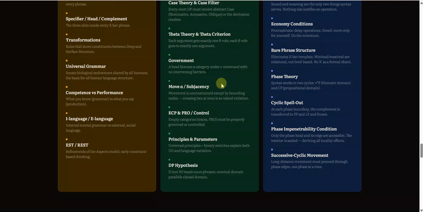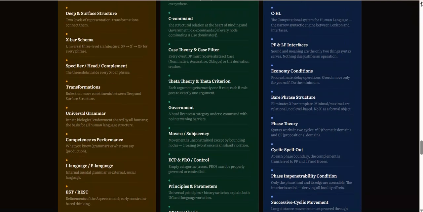Other concepts are Move alpha, and then ECP and PRO, that is control, then principles and parameters, and the DP hypothesis. These are the concepts introduced in GB.